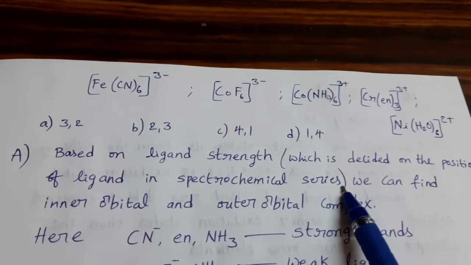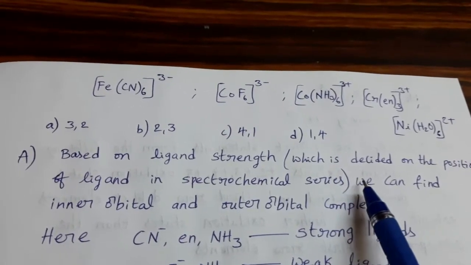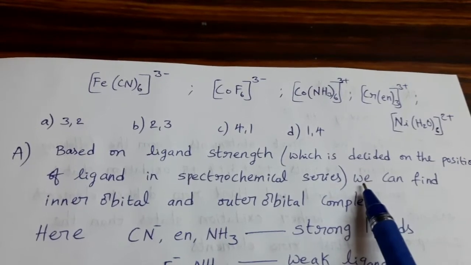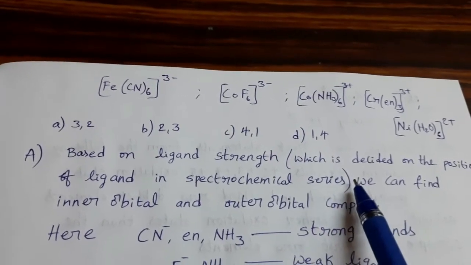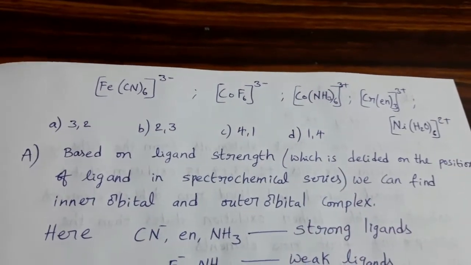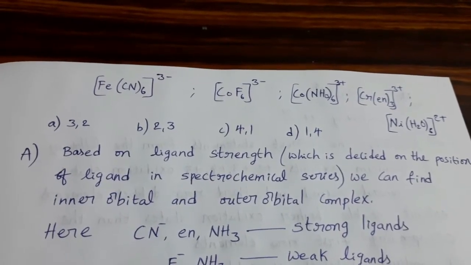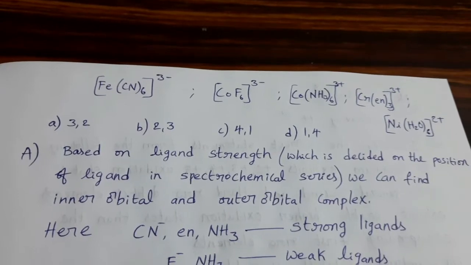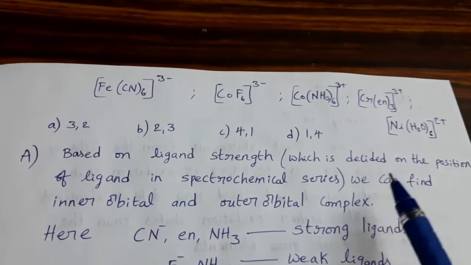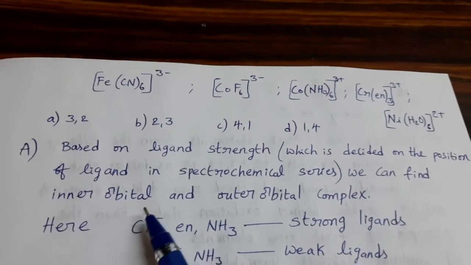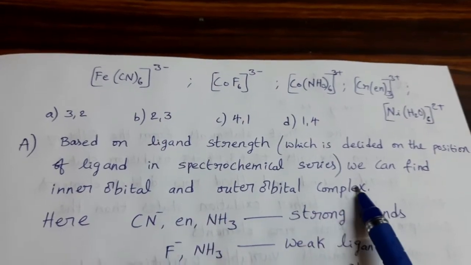A ligand at a lower position in the series is a weak ligand. Higher position means strong ligand. So we can find the inner orbital and outer orbital complexes.